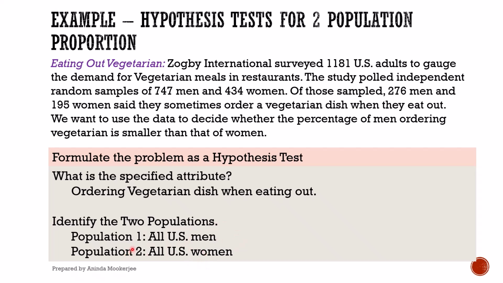And recall that populations would be all, the entire population. A sample is a portion of the population, but whenever we refer to the population, it's all US men. It's not 747 men. That's the sample size for men. Whenever we refer to the population, it had better be all US men and all US women.